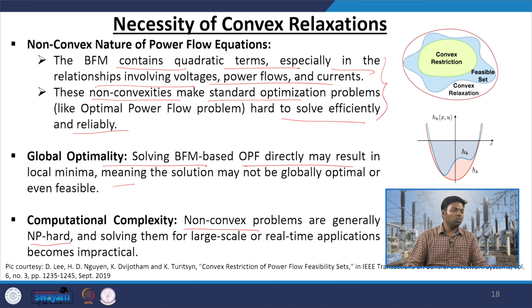That means you do not know how much time you need to solve that problem. There is no hard and fast rule that this much time I need to solve this problem every time I run this. If it is an NP hard problem, then this time keeps on varying. So, if you solve a non-convex problem, then your solution time will change.